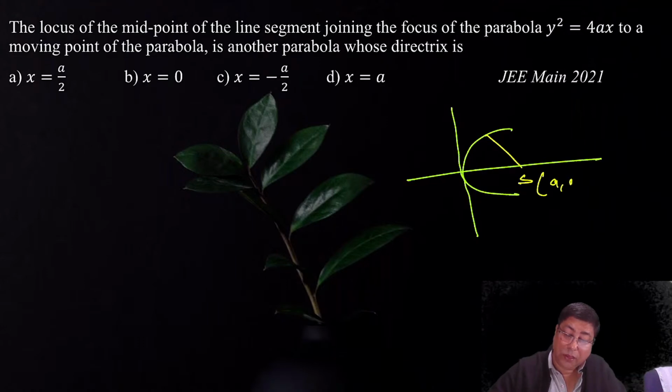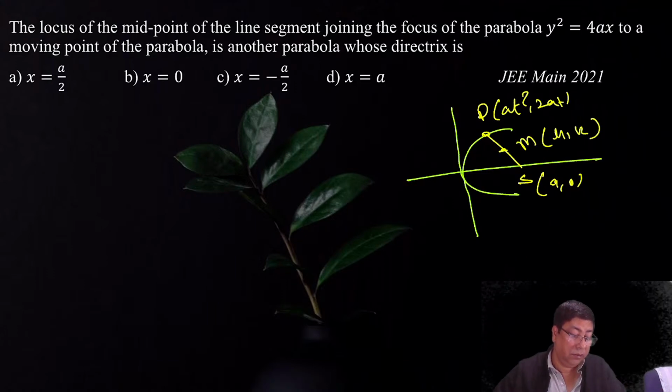Focus is (a, 0), point P is (at square, 2at). This is the midpoint whose locus is needed.